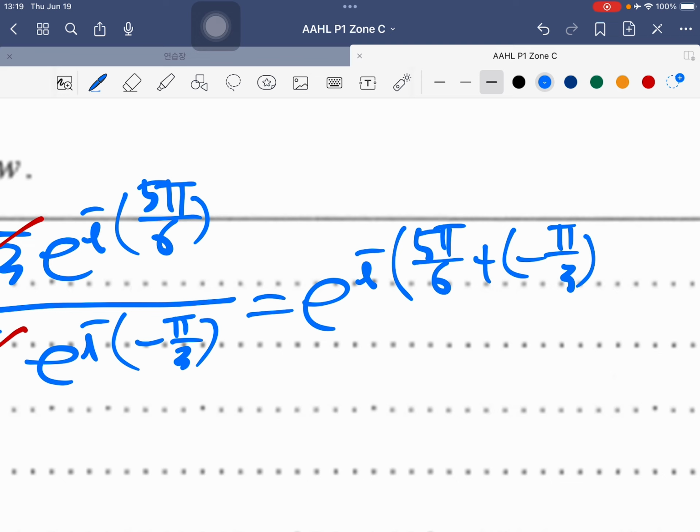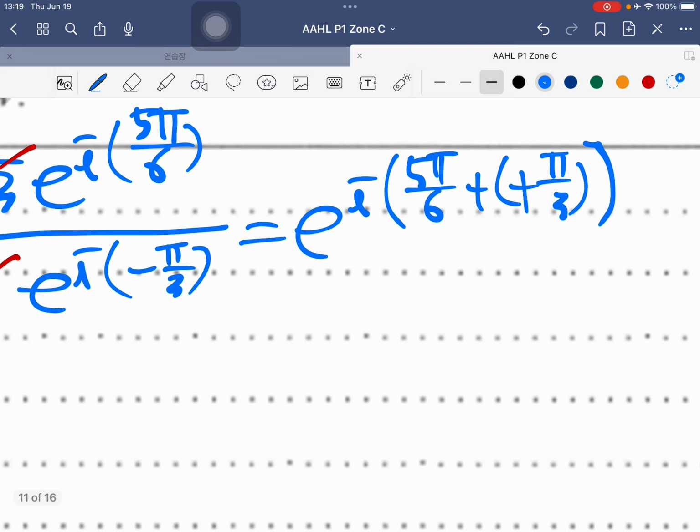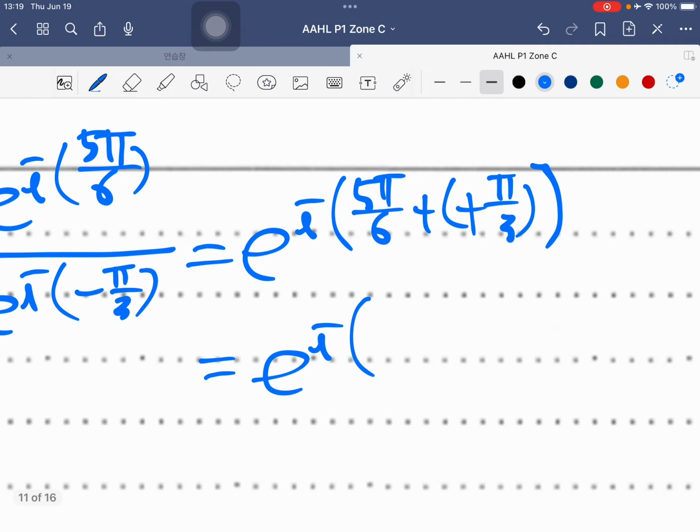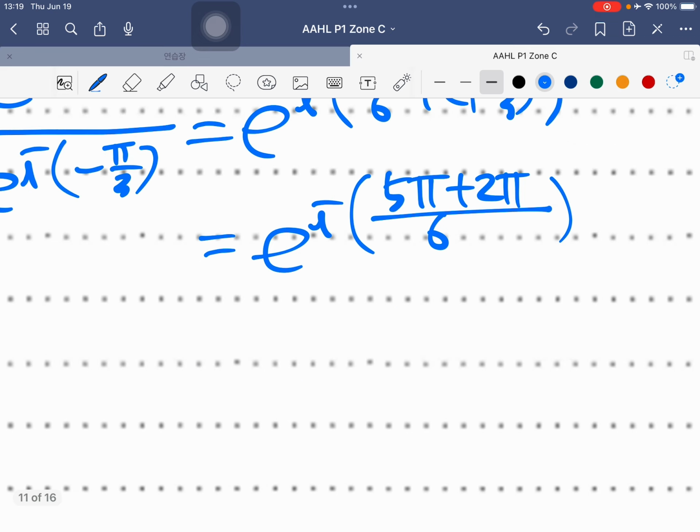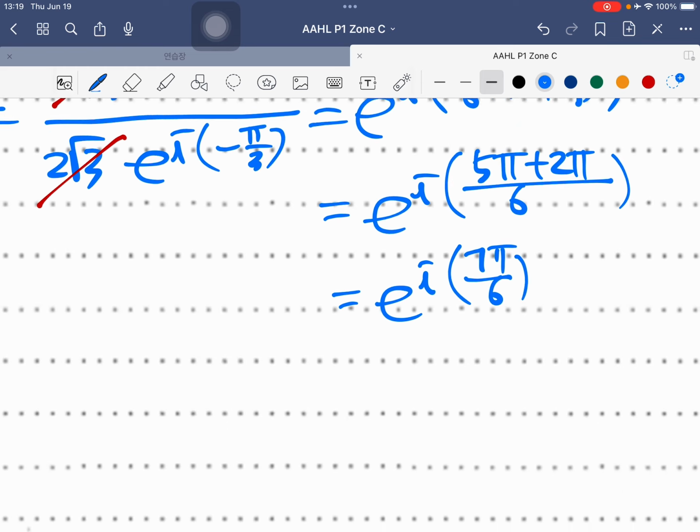This becomes plus, right? So e to the i of, with 6 on the bottom in common, we got 5 pi plus 2 pi, so this is e to the i of 7 pi over 6. So we got it.